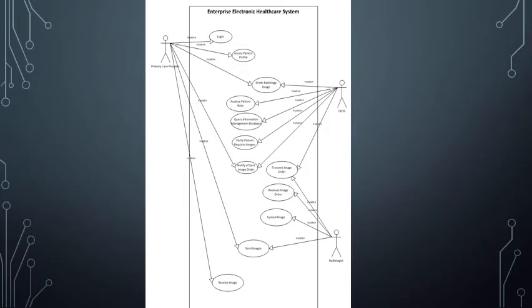Another diagram that I made was the use case diagram, and this is in reference to the users as well as the enterprise electronic healthcare system, and this is in consideration to the CDSS that I am designing. And so the primary care provider has multiple actions within the system.